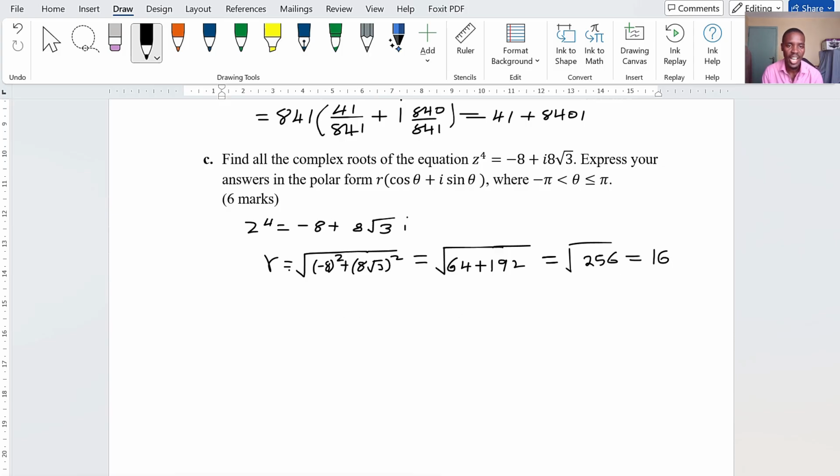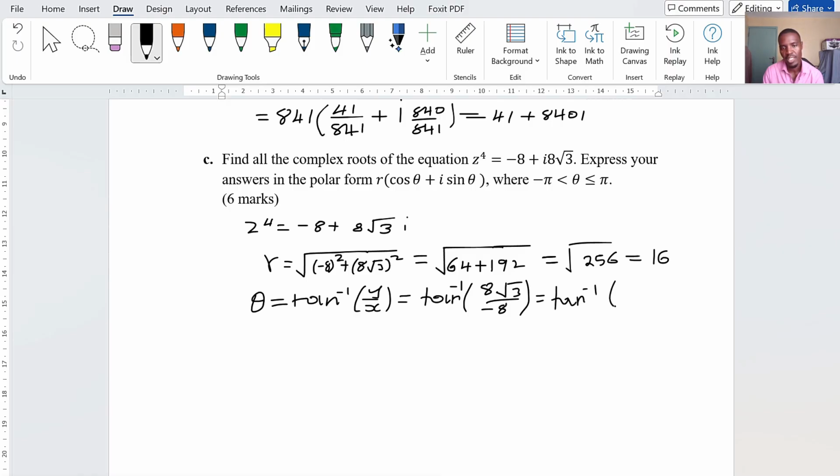Now we need theta. I hope now you know how we get theta. So theta is tan inverse of y over x. Let me write the formula, which is tan, y is opposite over x adjacent. Tan inverse of our y, which is 8 root 3, over negative 8, which is simply tan inverse of negative root 3.